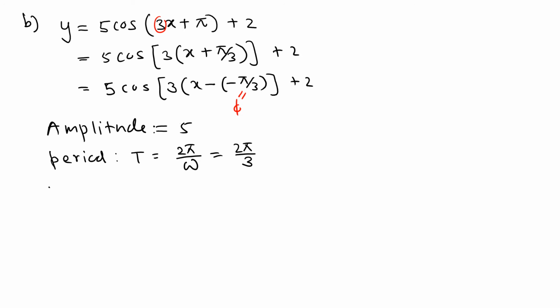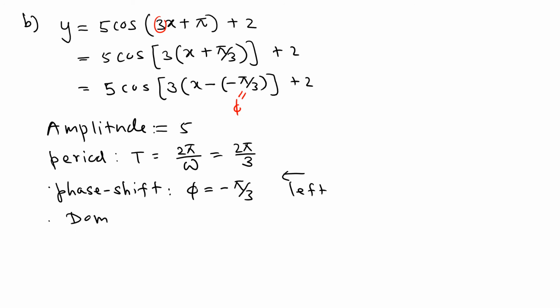And then the phase shift phi is negative pi over 3. So it's a negative number, that means it's going to go to the left.